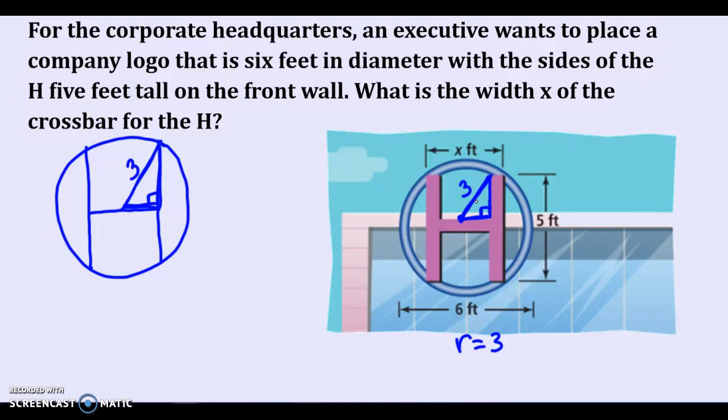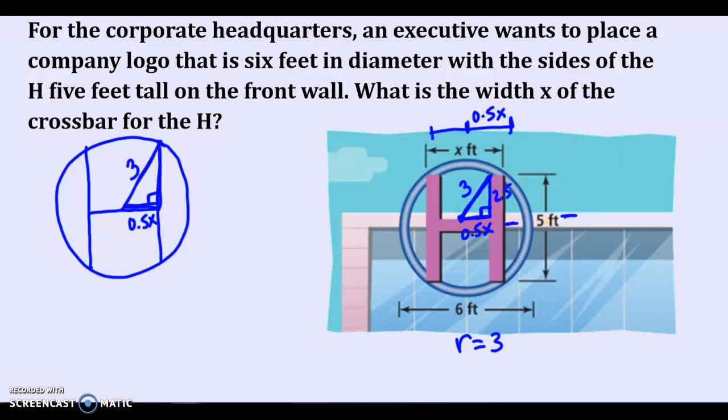Then I know that this width in between my H is going to be X. So halfway through that is 0.5x. So that means that this piece right here is 0.5x on the bottom, half of the width of that H. And then finally, they tell me that the H is 5 feet tall. So that means that halfway up my H, it's only 2.5 feet tall.